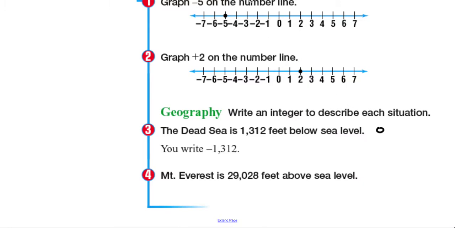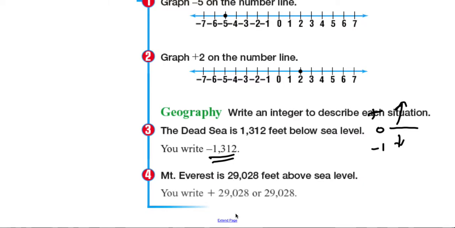If this is our sea level right here, 0 is our sea level. Anything below sea level is negative, and anything above sea level will be positive. That's the reason why we have negative 1,312 for the Dead Sea, and for Mount Everest, since it's above sea level, we make it a positive 29,028, or simply 29,028 without a positive sign.